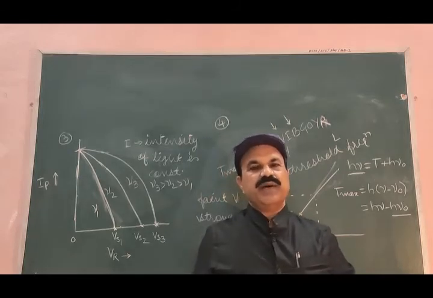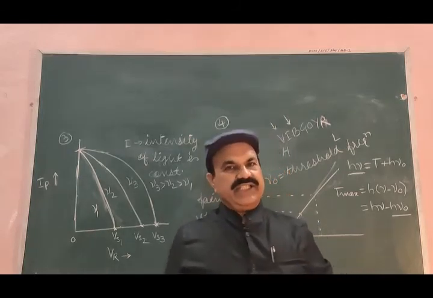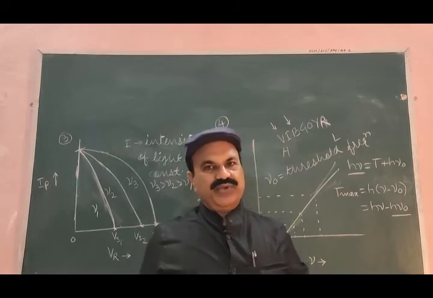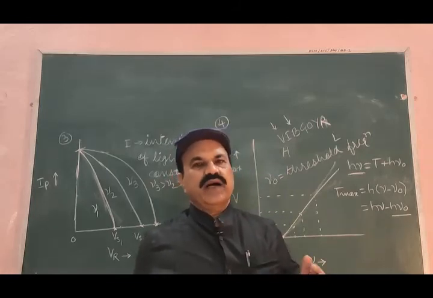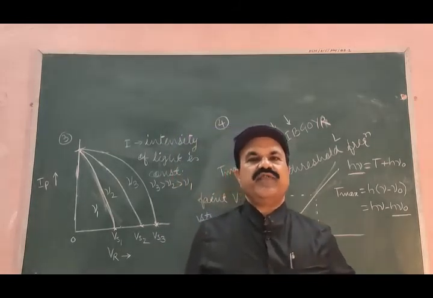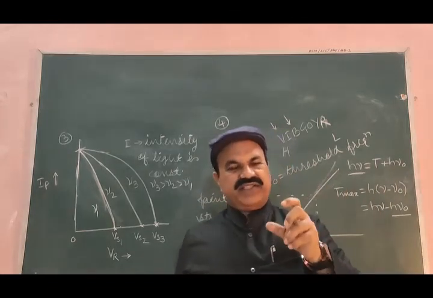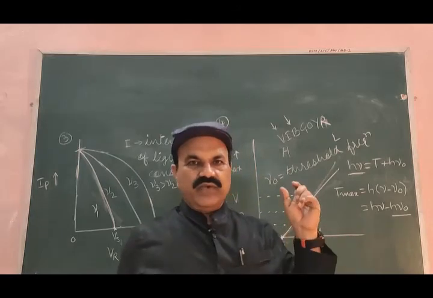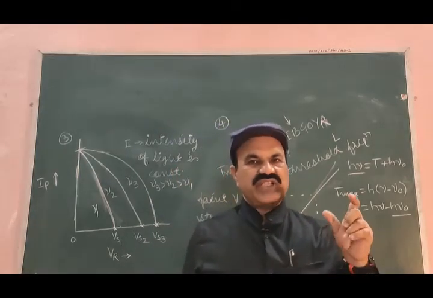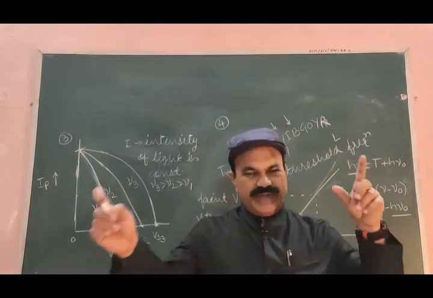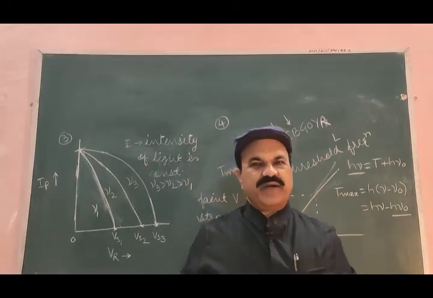So this is about the photoelectric effect. I hope you understood all the things regarding the photoelectric effect. Let me repeat this in short. In figure 1, we have drawn the circuit diagram needed, and we explained the circuit diagram needed for this purpose.